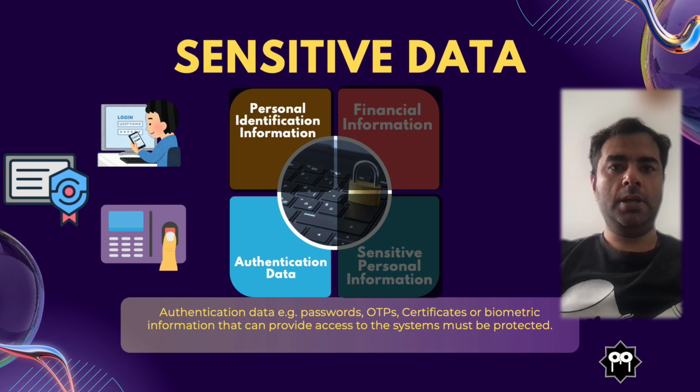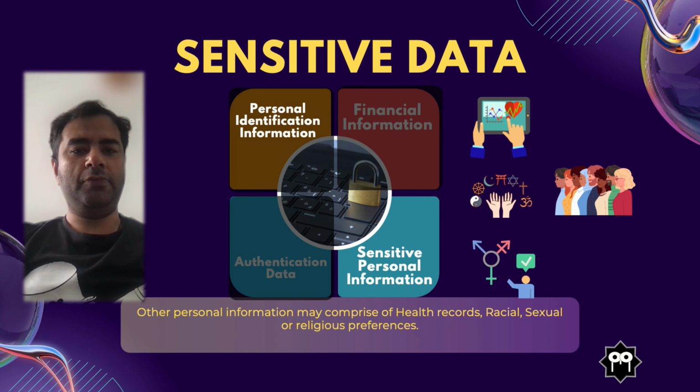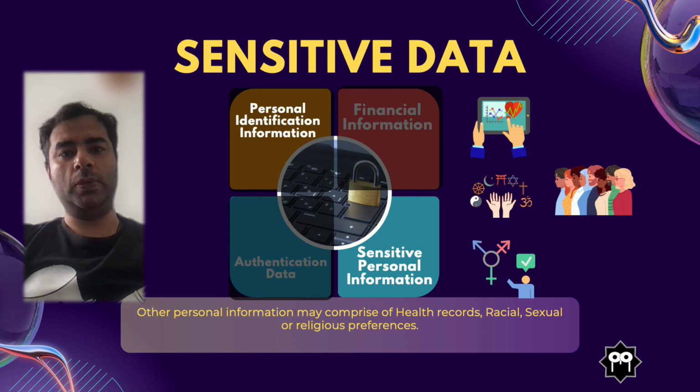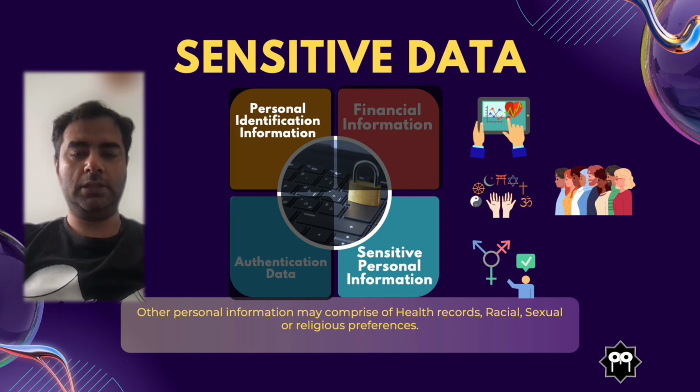Hence, securing this information is very, very important. Apart from this, other information about the users, for example health information, religion preferences, gender preferences, racial information, anything else which might be used against the users should be protected.